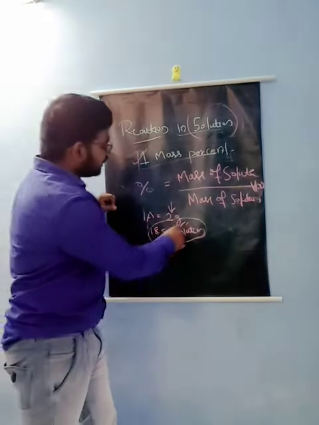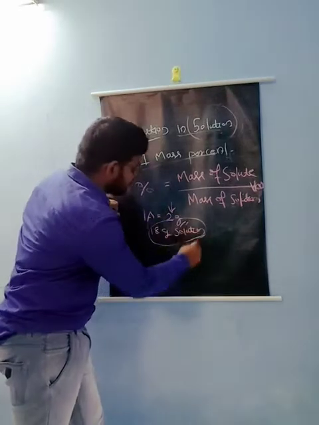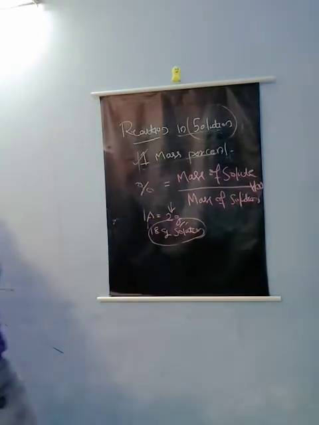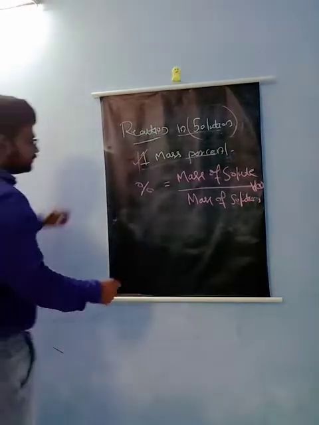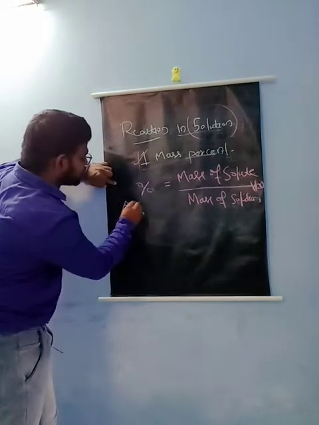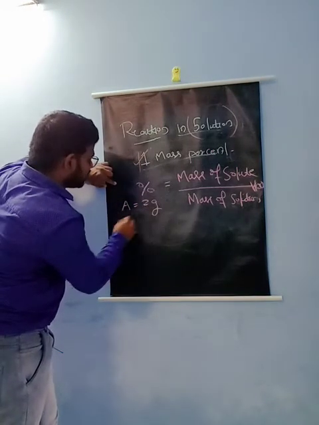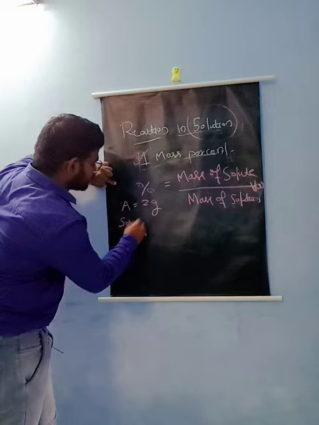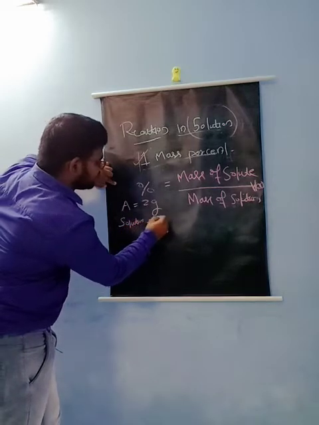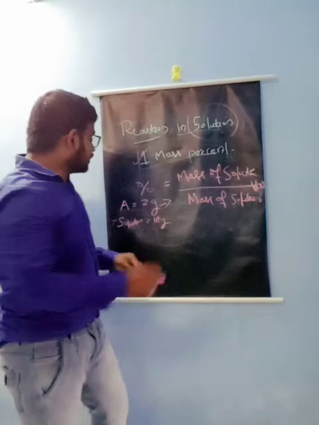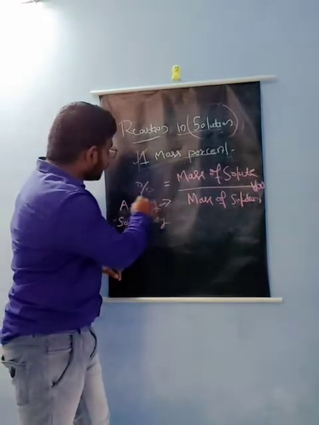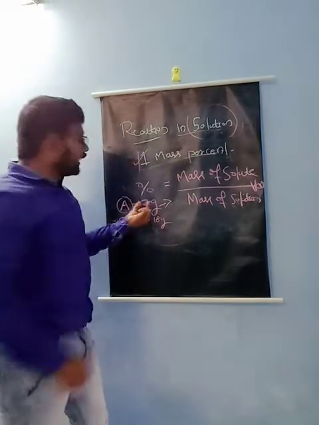So here a particular compound mass is 2 gram and solution mass is 18 gram. So we have to calculate the mass percentage of a particular solute A.